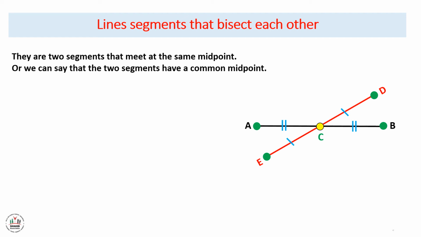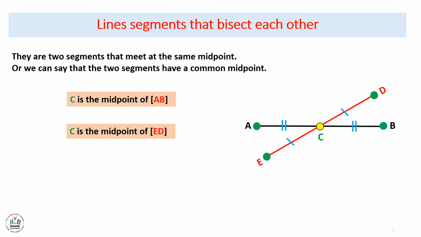We notice that C is a midpoint of segment ED. Also C is a midpoint of segment AB. So we notice that these are two segments that meet at the same midpoint, which is C. So C is the midpoint of segment AB. Also C is the midpoint of segment ED.